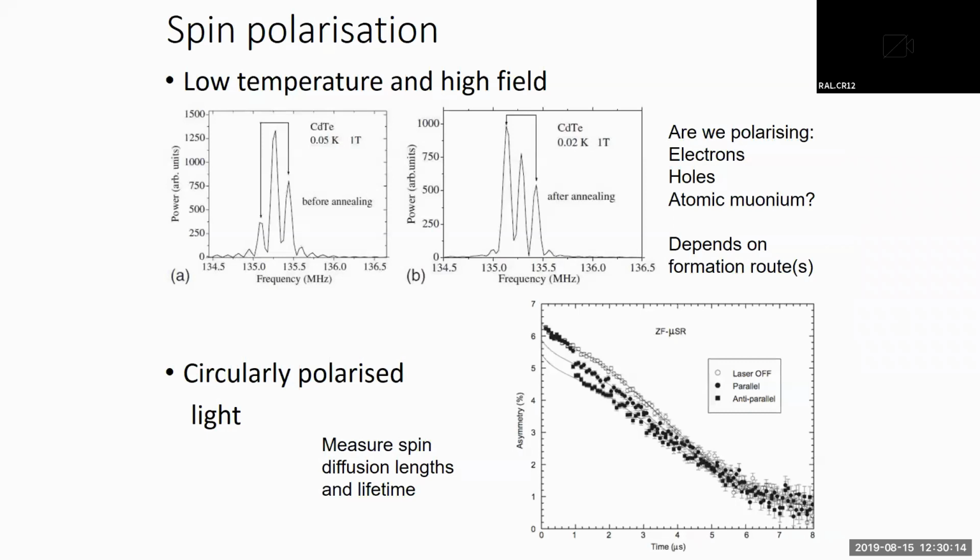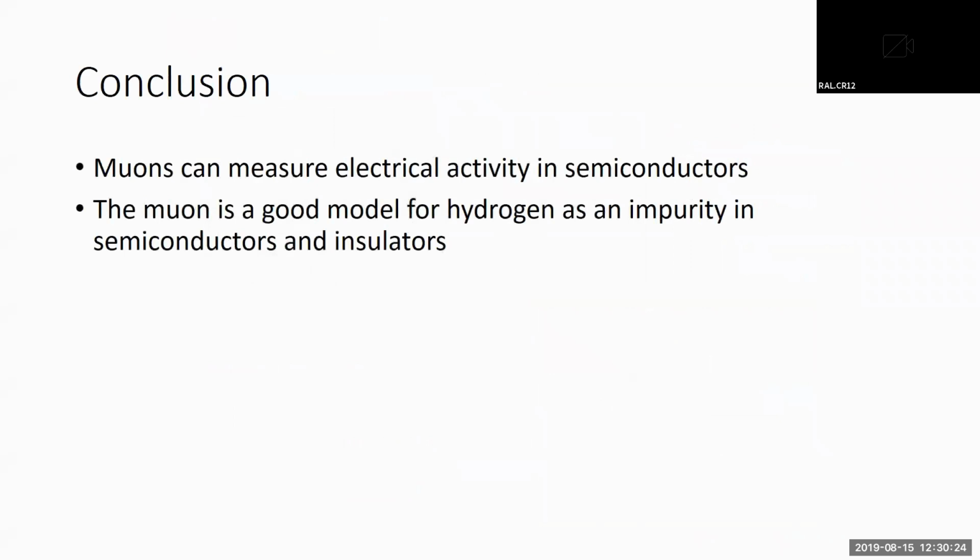We're looking at things like spin diffusion lengths, how effectively we can do this. So to conclude, muons can measure electrical activity in semiconductors, and muons can probe hydrogen as an impurity, whether you want it or not, in a semiconductor.